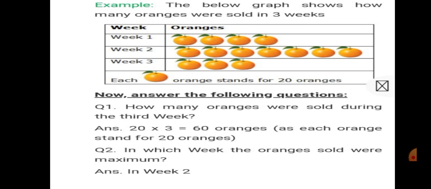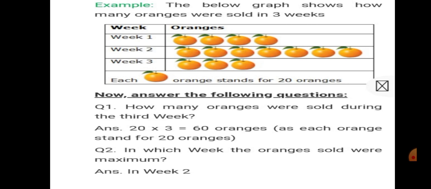So, in week 1, total 4 oranges are there, but one orange represents 20, so 4 twenties are 80. In week 2, 7 are there, 7 into 20, 140 oranges. In week 3, 3 oranges are there, so 3 twenties are 60 oranges.